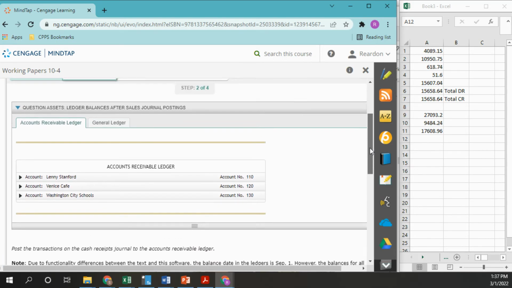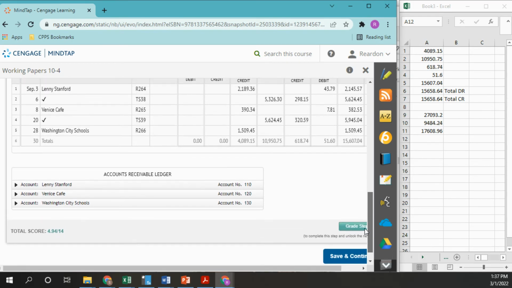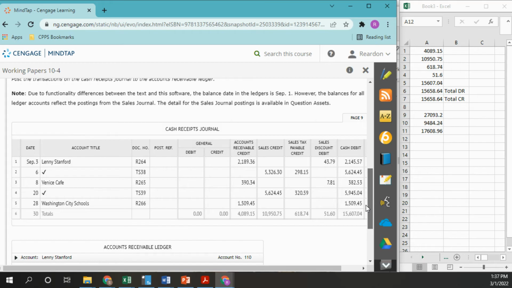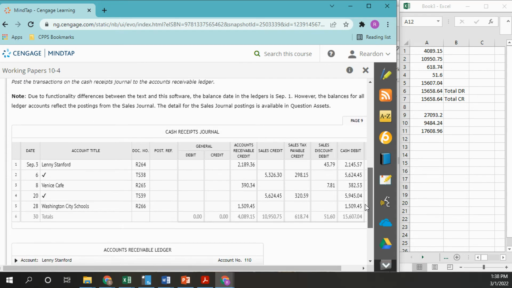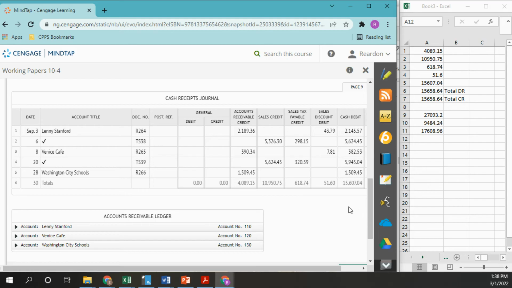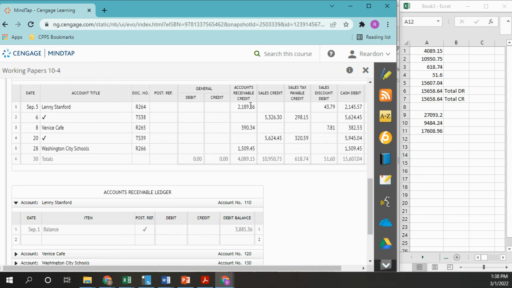Okay, we are posting from the cash receipts journal to the accounts receivable ledger. Here we have Lenny Stafford, who paid us on account 2189.36. Remember, I'm posting the amount from the accounts receivable credit special column.